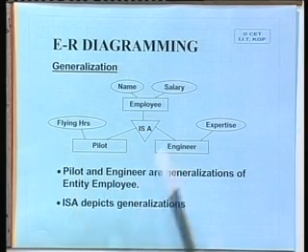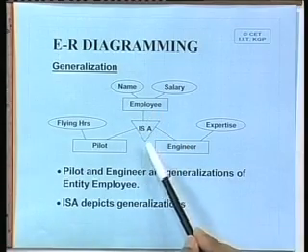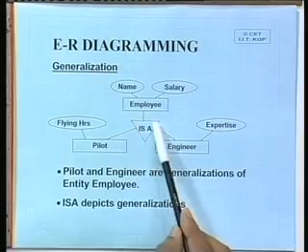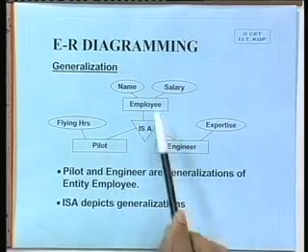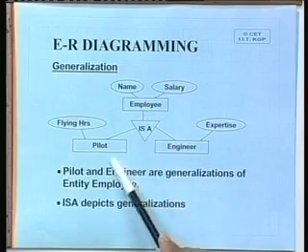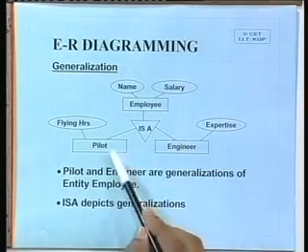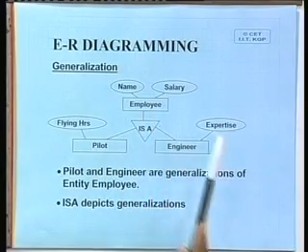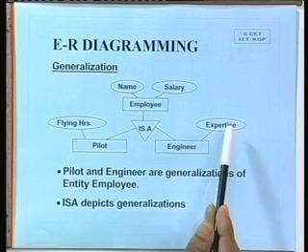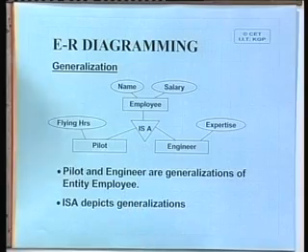This is actually shown in the form of an is-a relationship, in a triangular form, and this is-a basically shows that pilot is an employee, engineer is also an employee. So, pilot is definitely sharing all the attributes of employee, and engineer is also sharing all the attributes of the employee, clear. That is known as generalization.